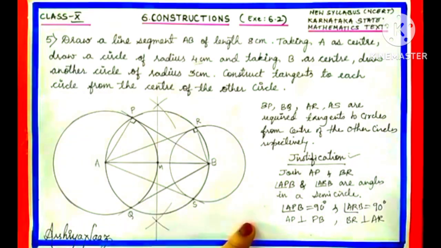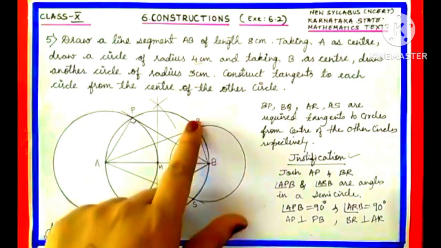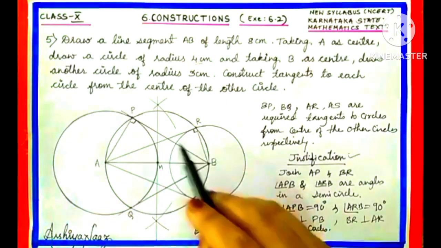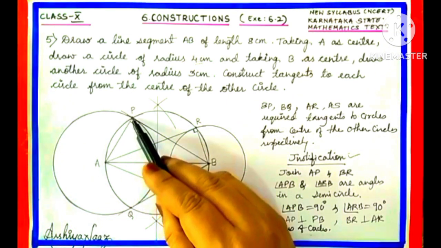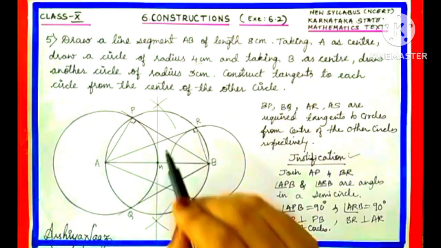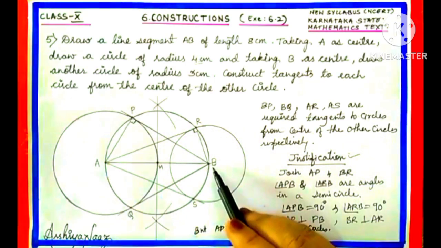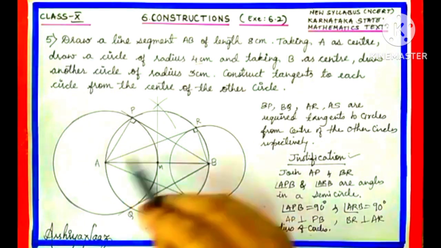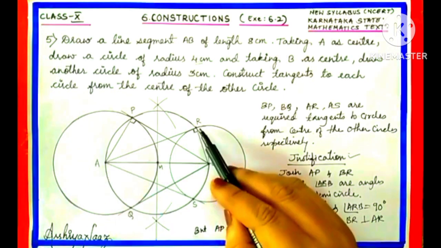But we know that AP and BR are radii. So a line perpendicular to the end of the radius on the circle must be a tangent to the circle. So here PB is a tangent. So here also AR is a line which is perpendicular to the end of the radius on the circle.